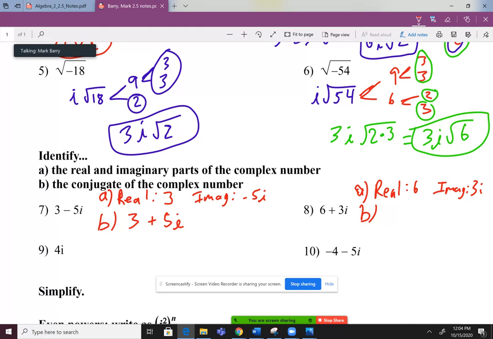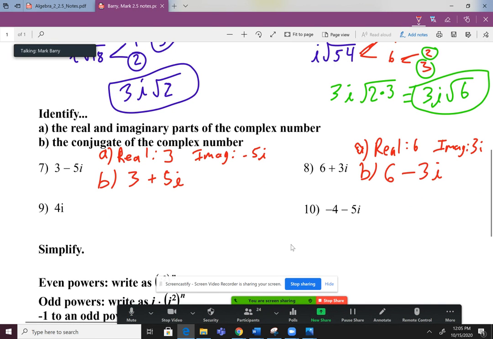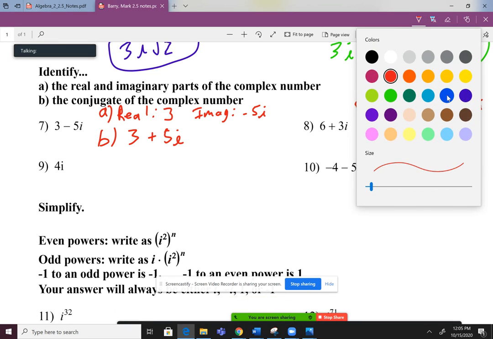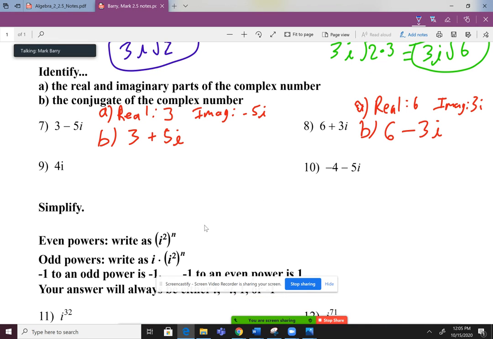And then for the conjugate, remember we keep the real part the same, and then switch the imaginary part to the opposite sign. So in this case, we're going to switch to negative 3i. All right, the next two are a little bit tougher, but not too bad.